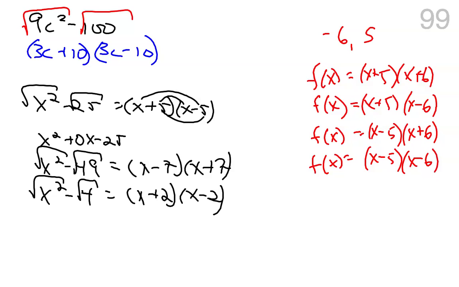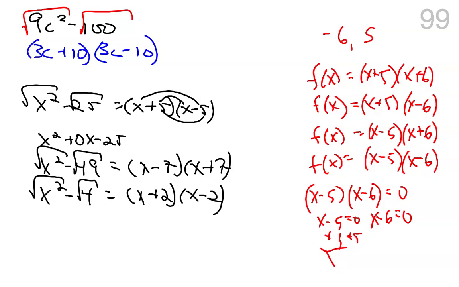Now let's take a look at this last one. If I was to solve this, remember we get to the point where we factor and solve a quadratic equation. If x minus 5 times x minus 6 is 0, maybe it's the guy on the left, maybe it's the guy on the right. Add 5, x is 5; add 6, x is 6. So 5 and 6 would be the answers.